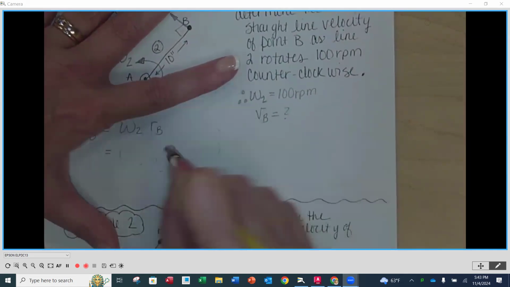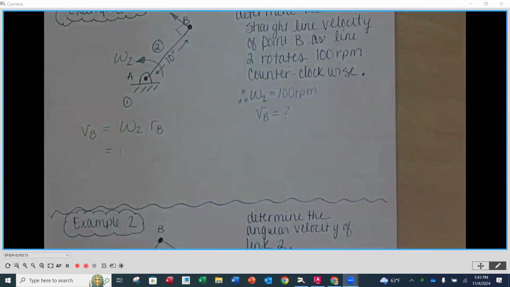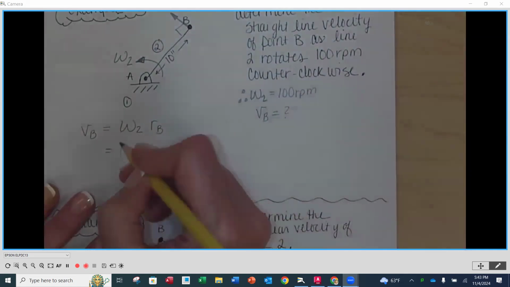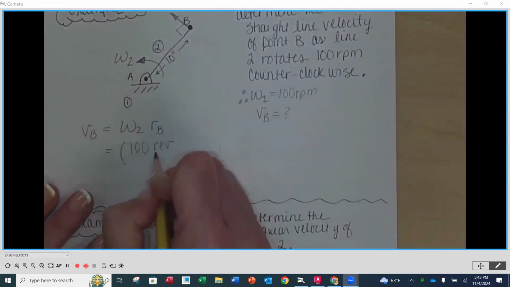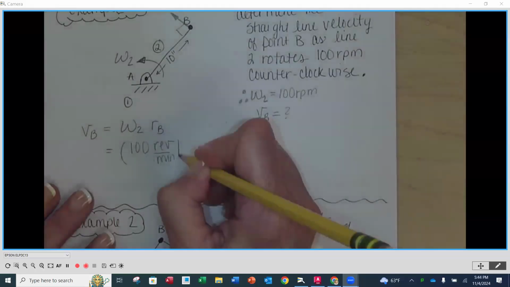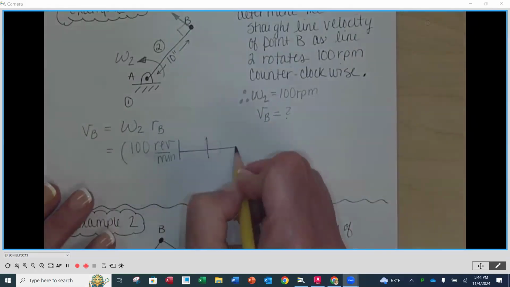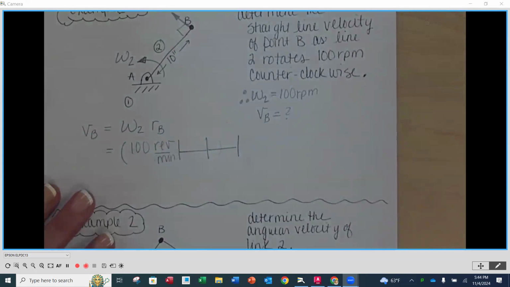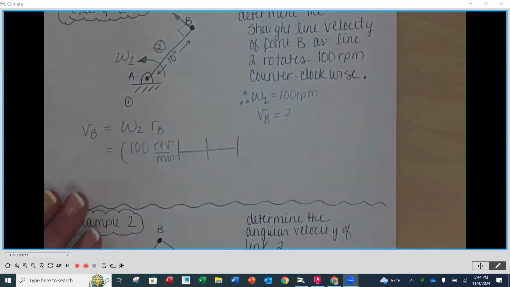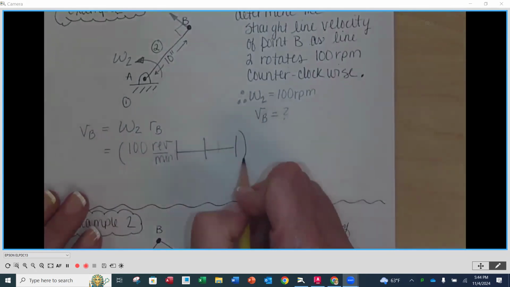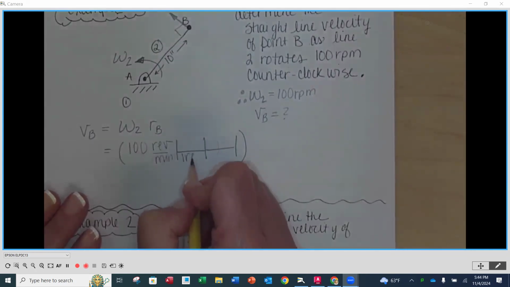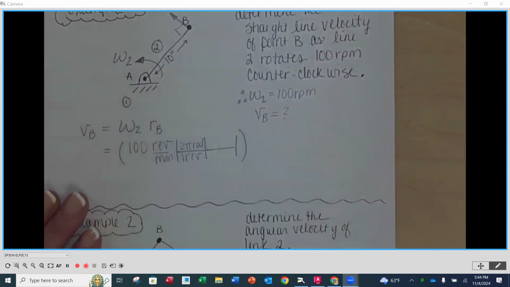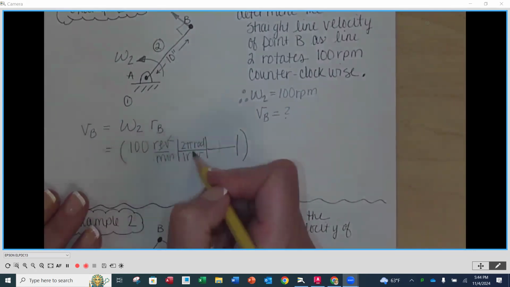Now, I can add the conversion right in here, and I'll show you how you can do that. So I'm going to take my 100 revolutions per minute, and I am going to do my two-step conversion to get it into radians per second. I'm going to do that right in the problem here. So I know that 1 revolution is equal to 2 pi radians, so my revolutions will cancel.